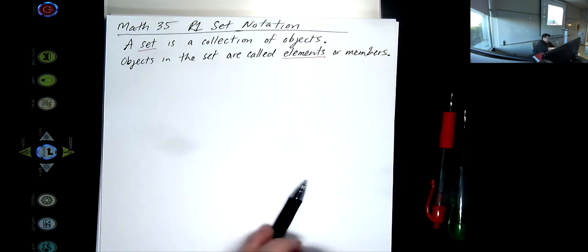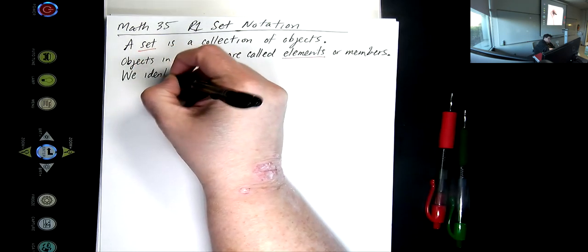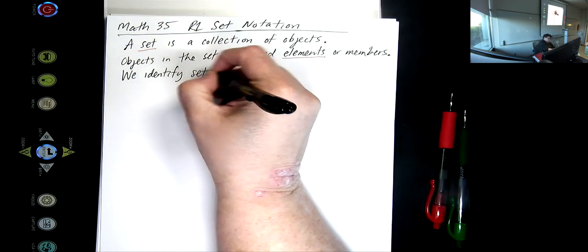And another fun thing to know is we identify sets using curly braces.